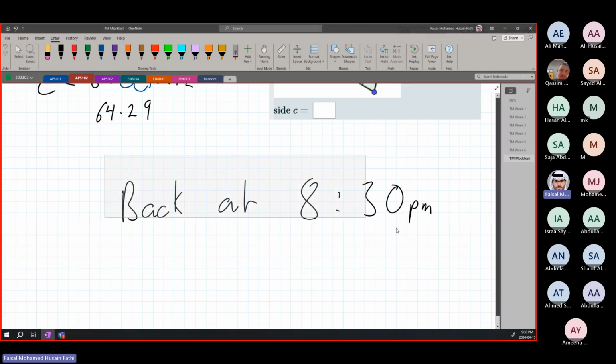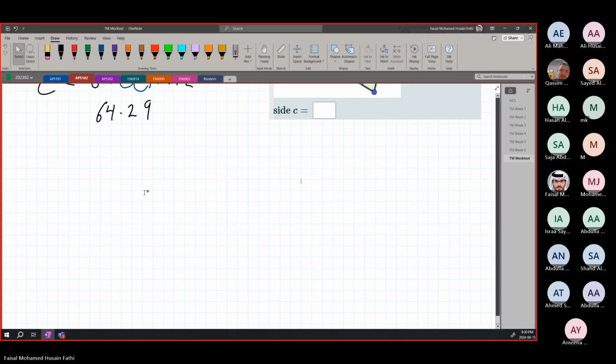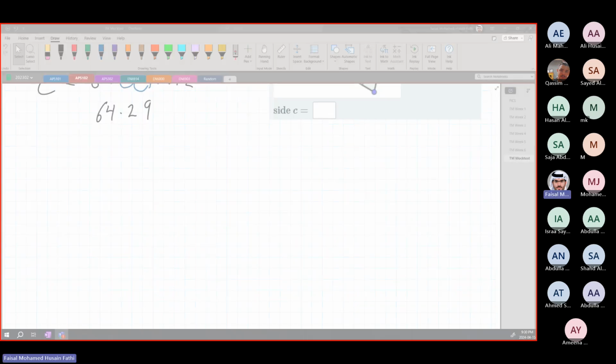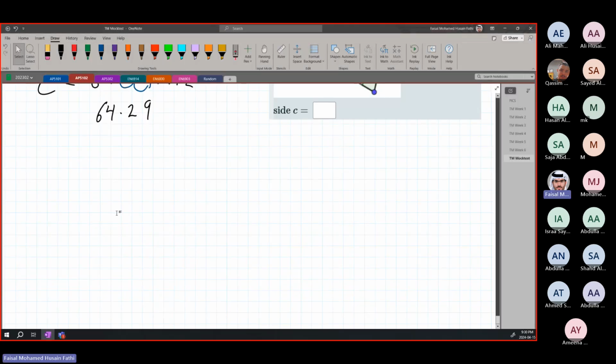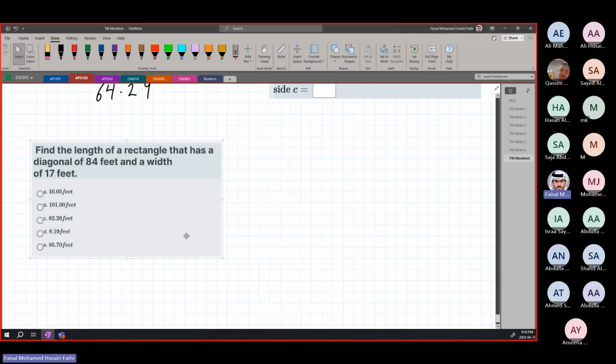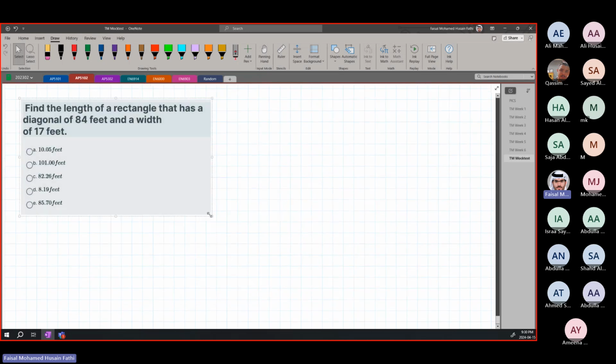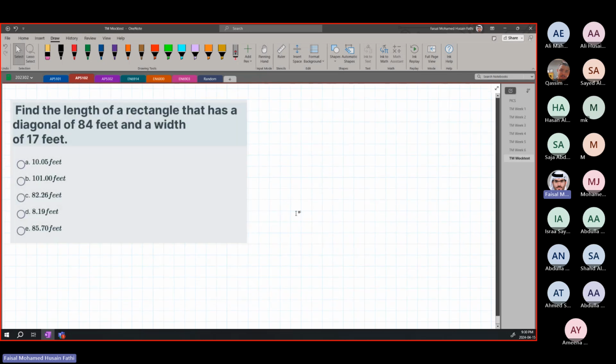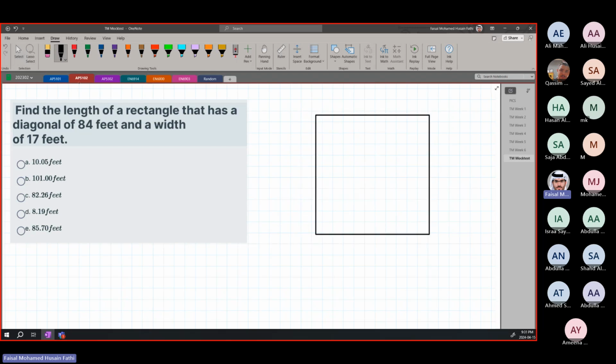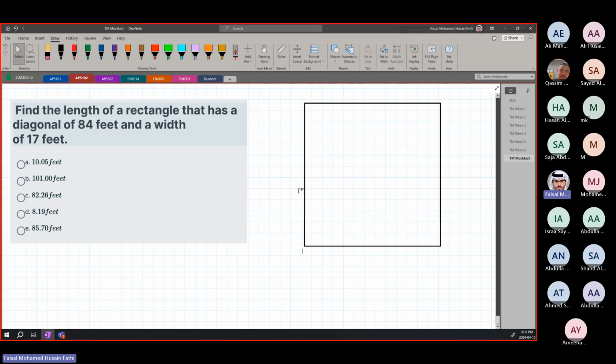All right, let us continue. Okay, so the next question is, let's see, we reached here. Again, we've already solved a similar question to this. Find the length of a rectangle that has a diagonal of 84 feet and a width of 17. So we have a rectangle.